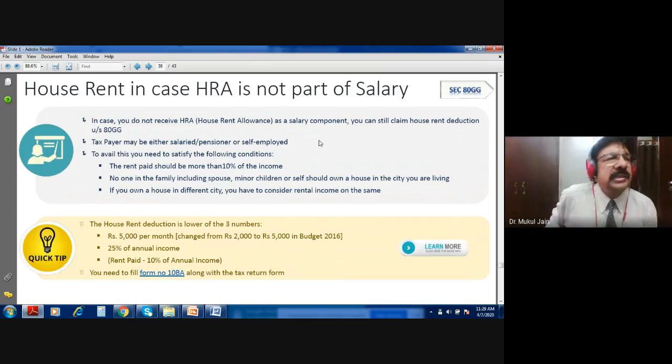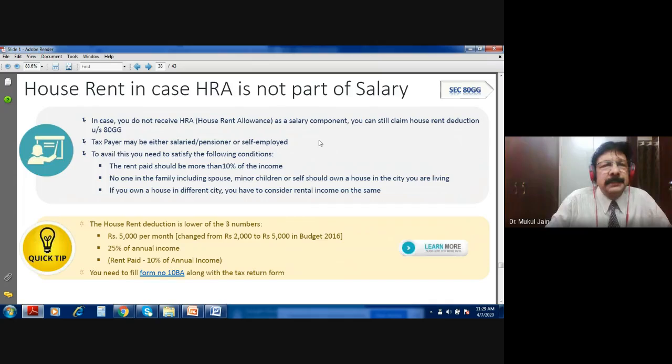So there the rule is that how much he can avail is that, number 1, whatever HRA he's getting from the employer or from the company. Number two, whatever actual rent paid minus 10% of the basic salary. And number third is 40% or 50% of the basic salary.